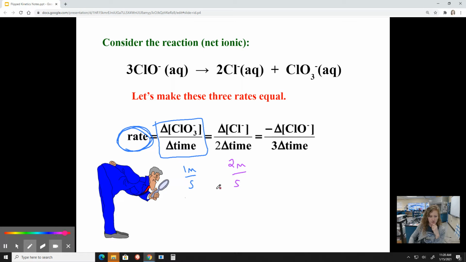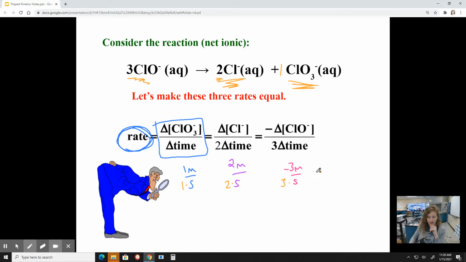And this last one was going to be -3 molar per second. Notice we can make these rates consistent by dividing by the coefficient. The coefficient of this first one that I wrote is a 1. The coefficient of the second one I wrote is a 2. And this one's a 3.